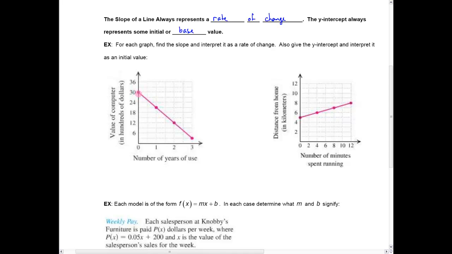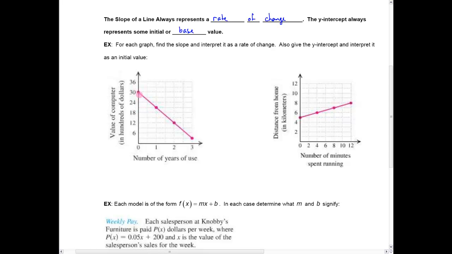All right. For the slope, notice that if I went from this point to this point, it looks like each of these are about $300 here. So I'd go down, 27, 24, 21, so it looks like it's dropped $900 here in 1 year, right?